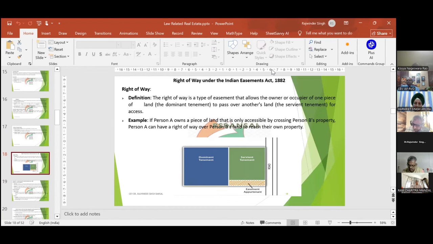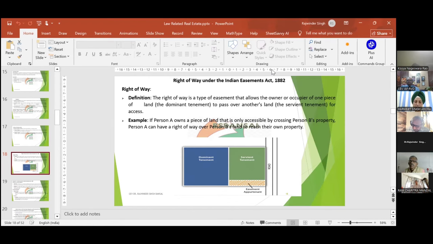You have a certain right over the property of which you are not the owner. In layman's terms, easement is that you have a right on someone else's property of which you are not an owner. You have certain rights.